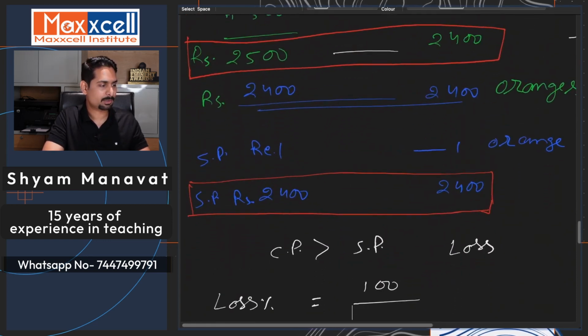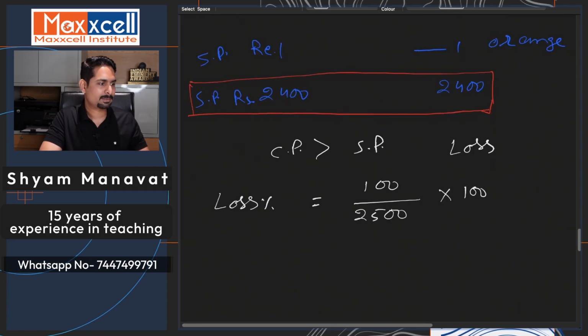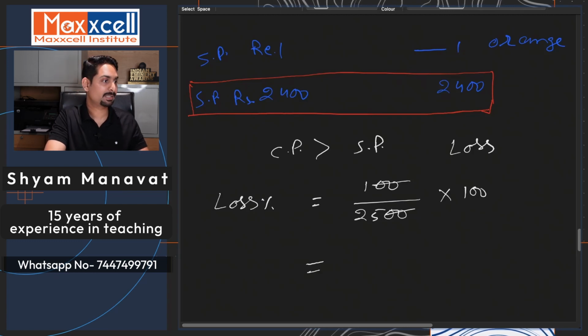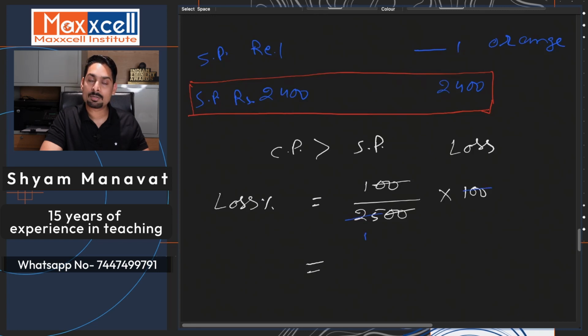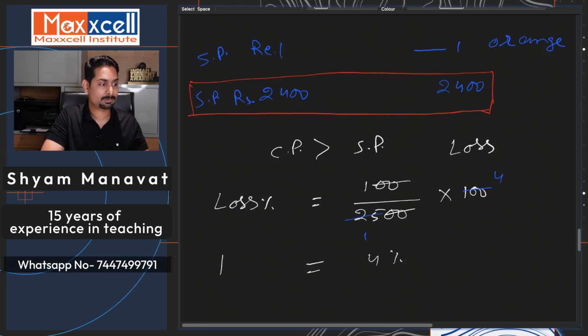Divide by cost price. Cost price is 2500, into 100. Simplify this. 1 upon 25, 1 upon 25. Here you can cancel this. 25 ones are 25, 25 fours are 100. So the answer is 4%. So there is a loss of 4%.